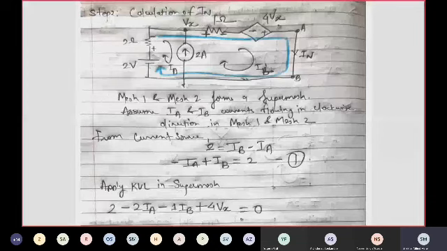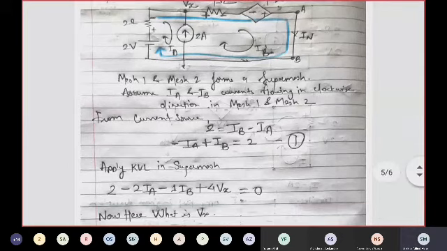Then the current flowing through 1 ohm is IB, so minus 1 IB, and then negative to positive plus 4 Vx is equal to 0. In this way we get one equation.